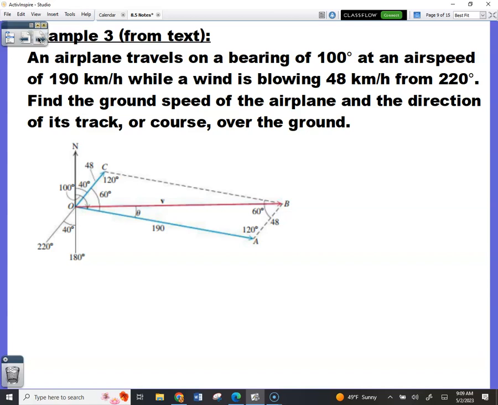From the text, I don't think that is in your homework. Because if it's not in the homework, then it's not going to be on the test.